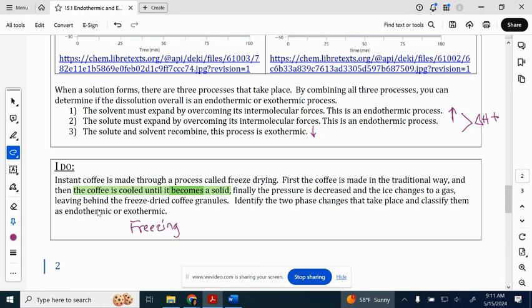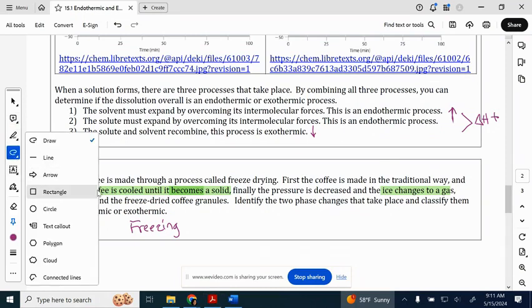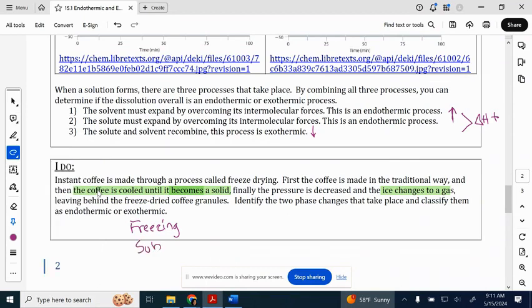So we're identifying that phase change. And then the ice is going to a gas. So if we go ice to a gas, what is that called? Ice to a gas directly. Sublimation. Very good.